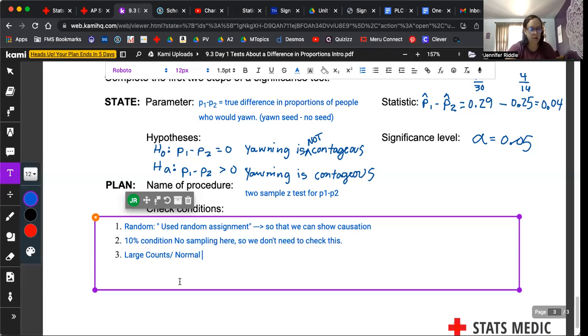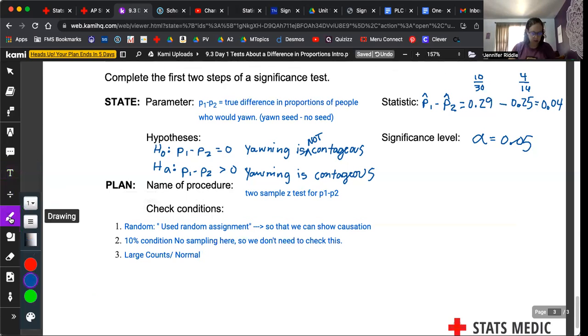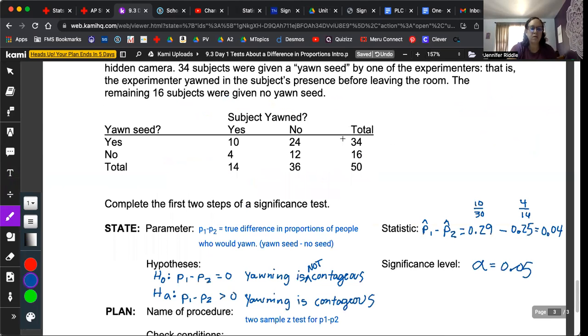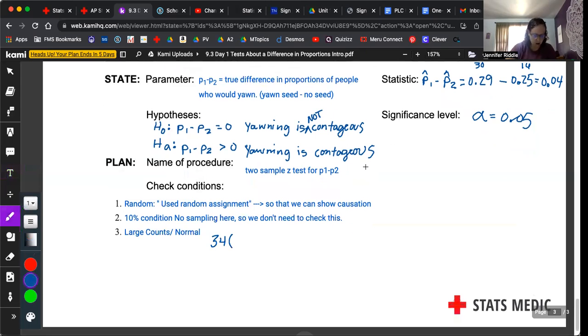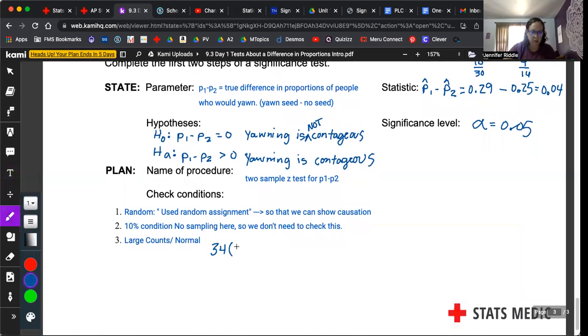So let's do that. I have my two samples. My original group was a size of 34, so that's the yawn seed group. My sample size is 34, and they had a proportion of 0.28.